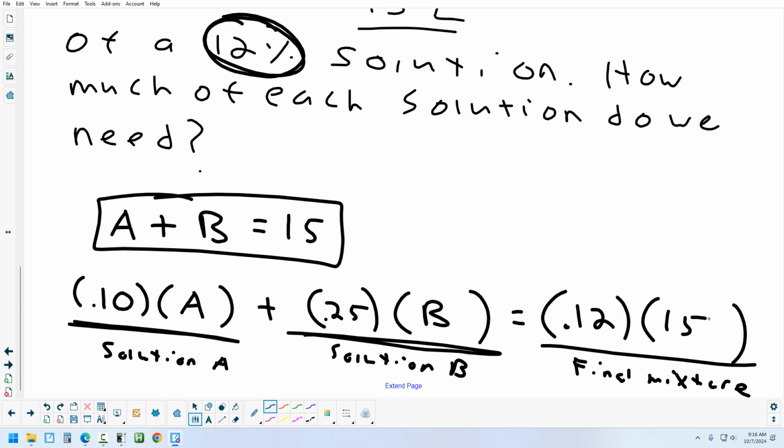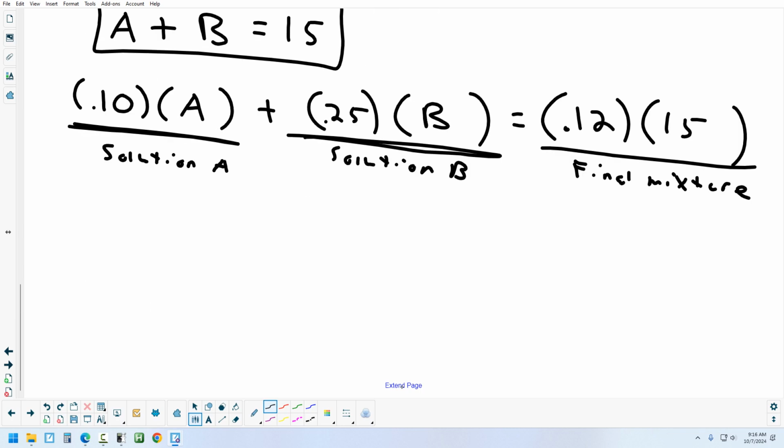Okay, so let's simplify that a little bit, and that'll give us our second equation. 0.10 is the same as 0.1. So 0.1A plus 0.25B. There's not really a lot of simplifying we can do there, but on the right side, we can work out 0.12 times 15.